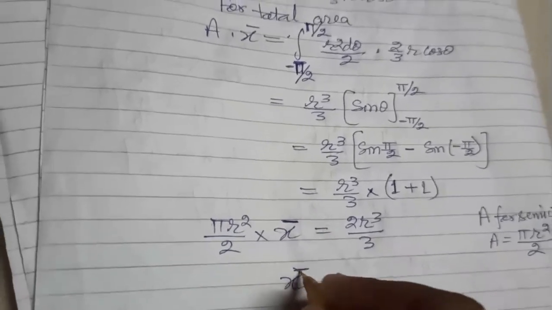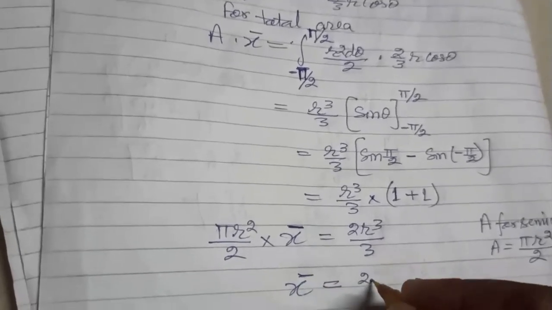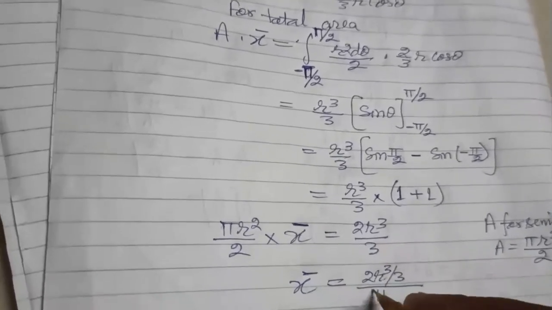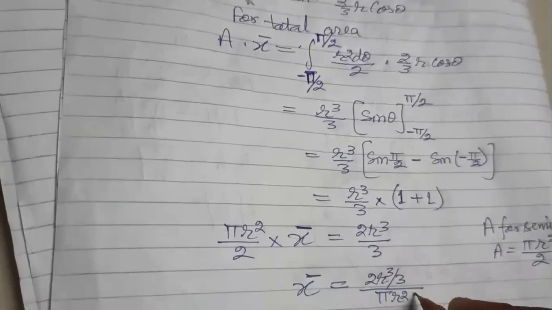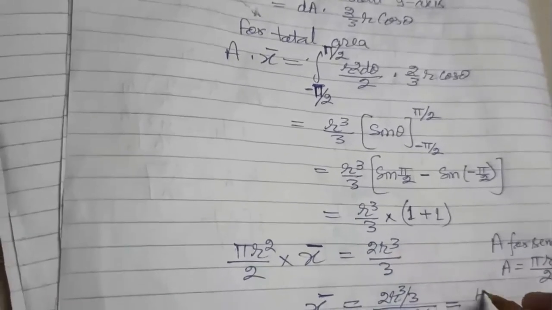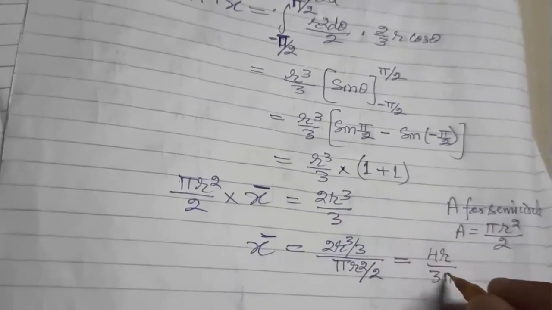So x bar is equal to 2r cube by 3 divided by pi r square by 2, and this will give you 4r by 3 pi.